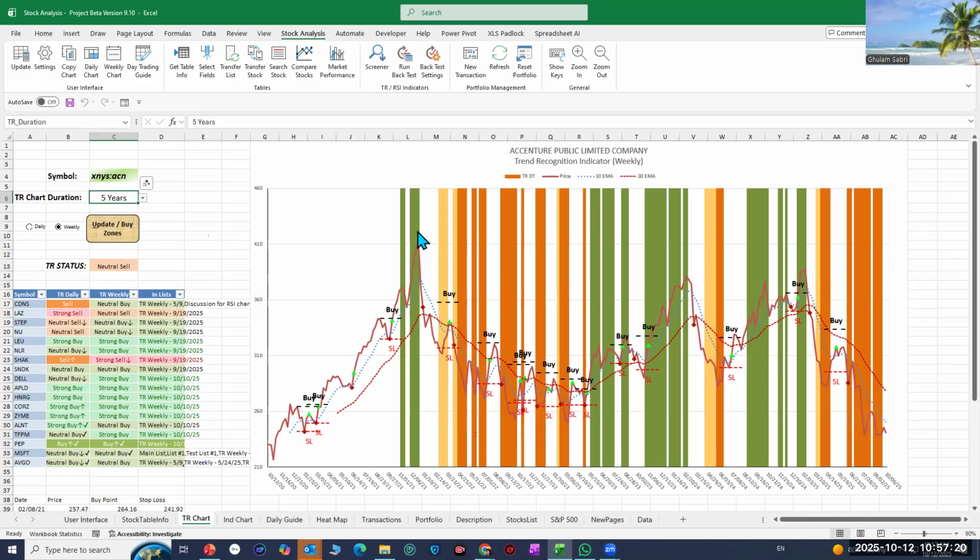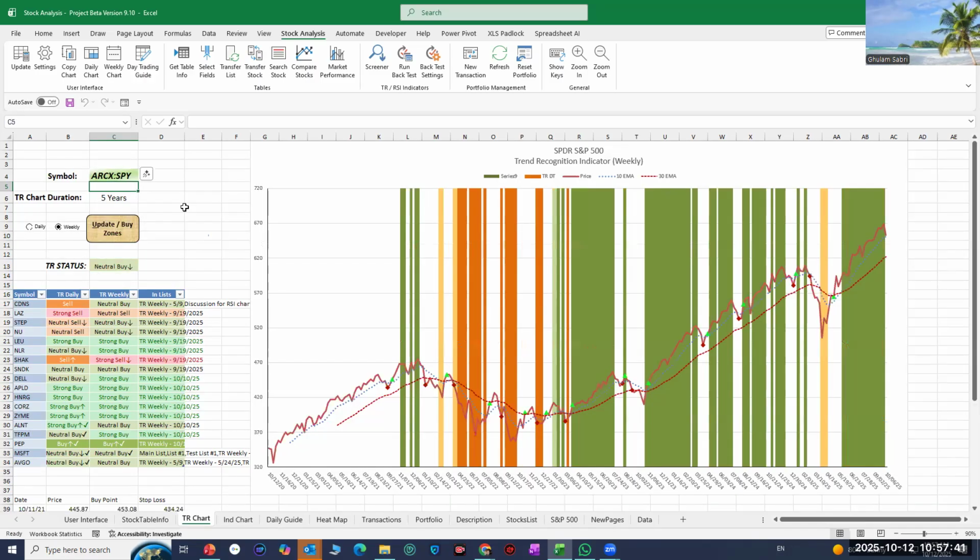Now the TR chart on SPY. Let's take a look at the SPY. The SPY full code is ARCX, the exchange, as far as I remember, for Excel. And SPY is the S&P 500 ETF. Now we are plotting a 5-year weekly chart.